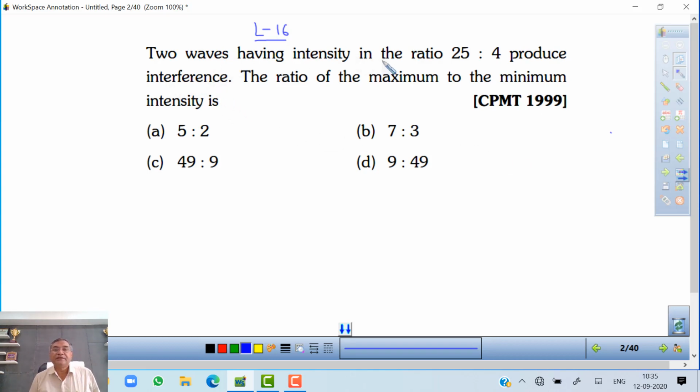Two waves having intensity in the ratio of this one produces interference. The ratio of the maximum to minimum intensity. So here we have I1 upon I2 is equal to 25:4. The ratio maximum, so we want to find out I max upon I min.